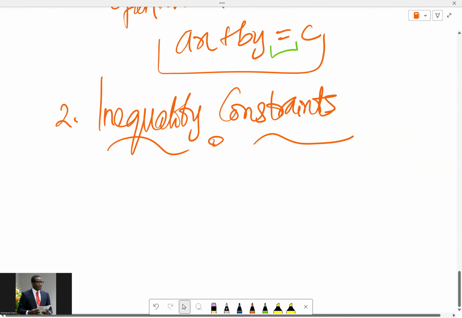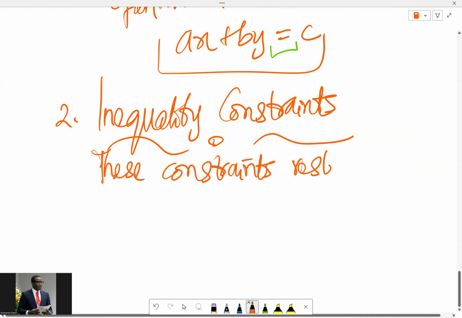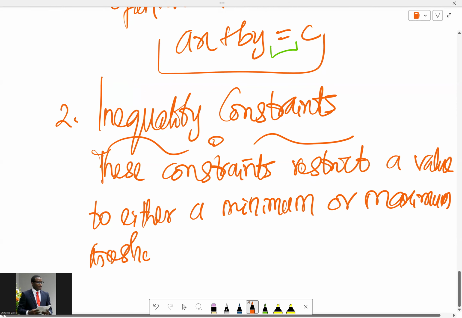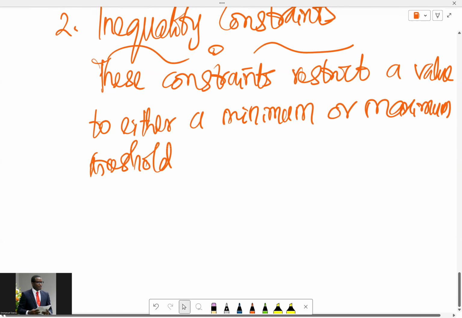These constraints restrict a value to either a minimum or maximum threshold.